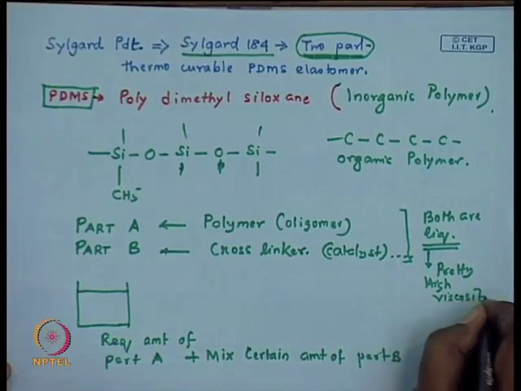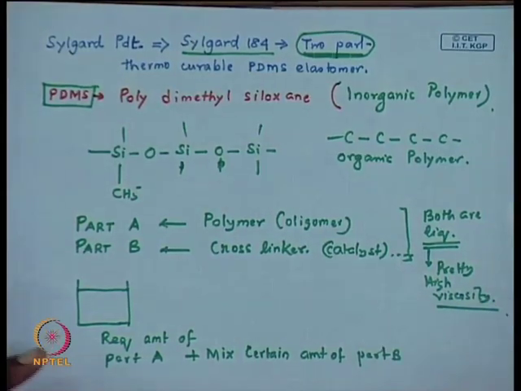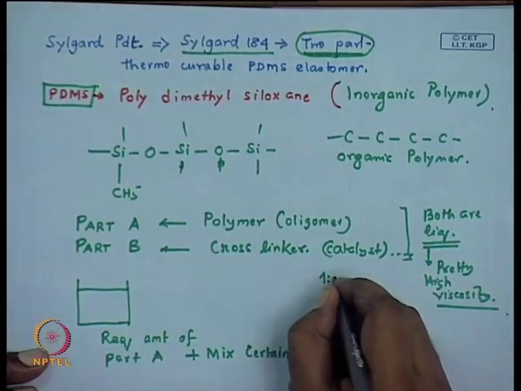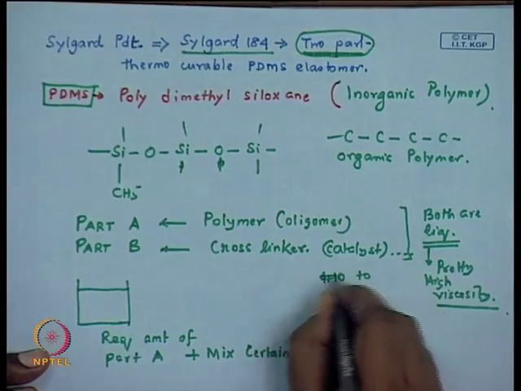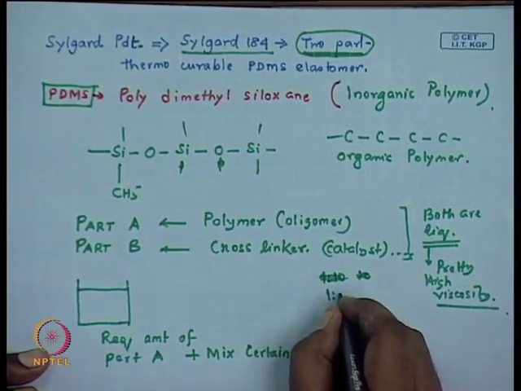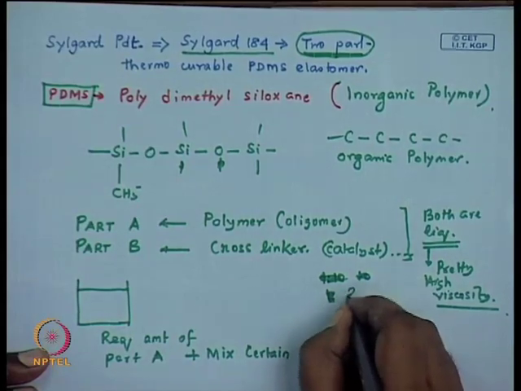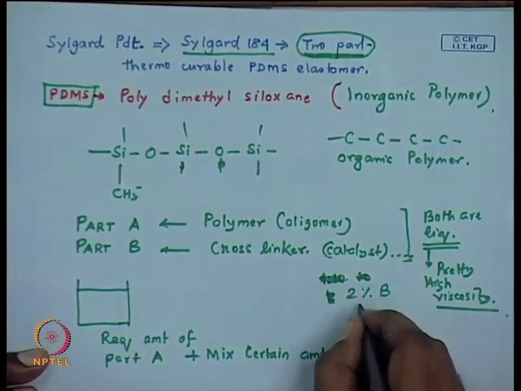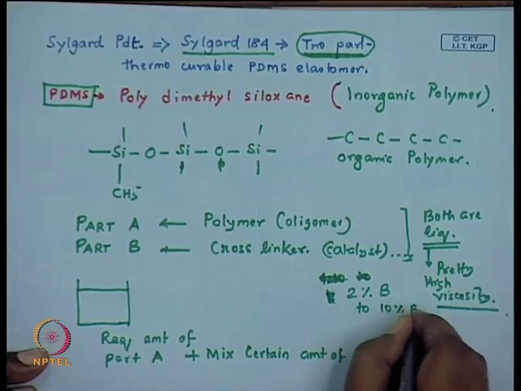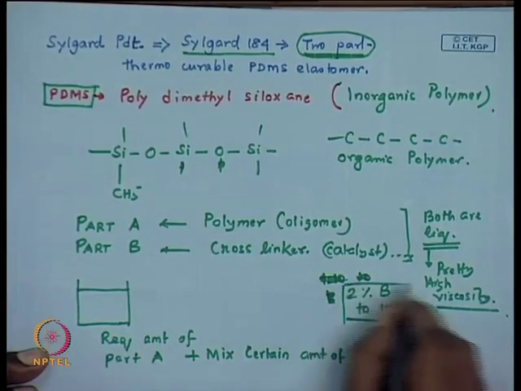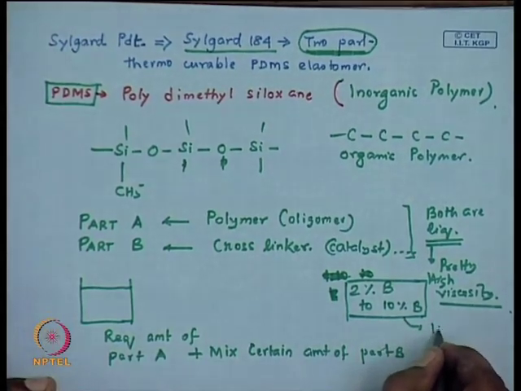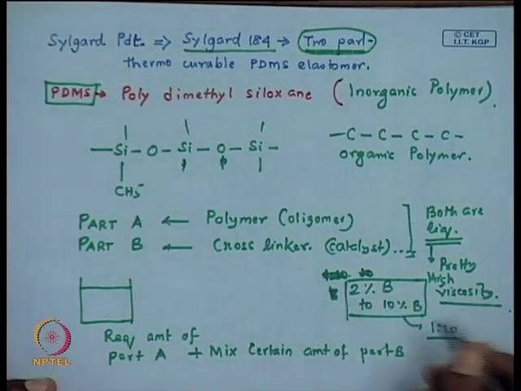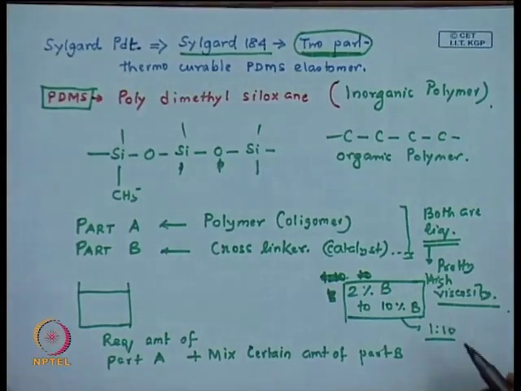Typical percentages would vary from, let us say, 1:10 B to A, down to 0.2:10 or something like that.